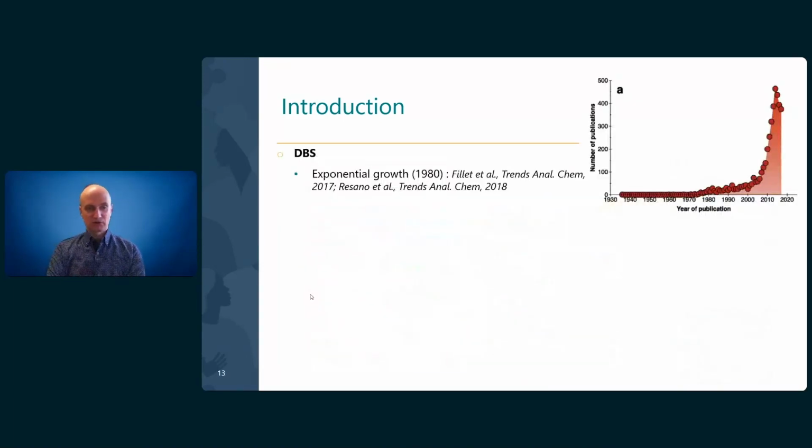How did the dry blood spot technology start? We have to go back to the 80s, where the first papers came out reporting on the use of paper filter dry blood spots for analysis of either organic or inorganic compounds, and it has been shown that this technology progressed very well, and we can notice an exponential growth in the number of papers using it.